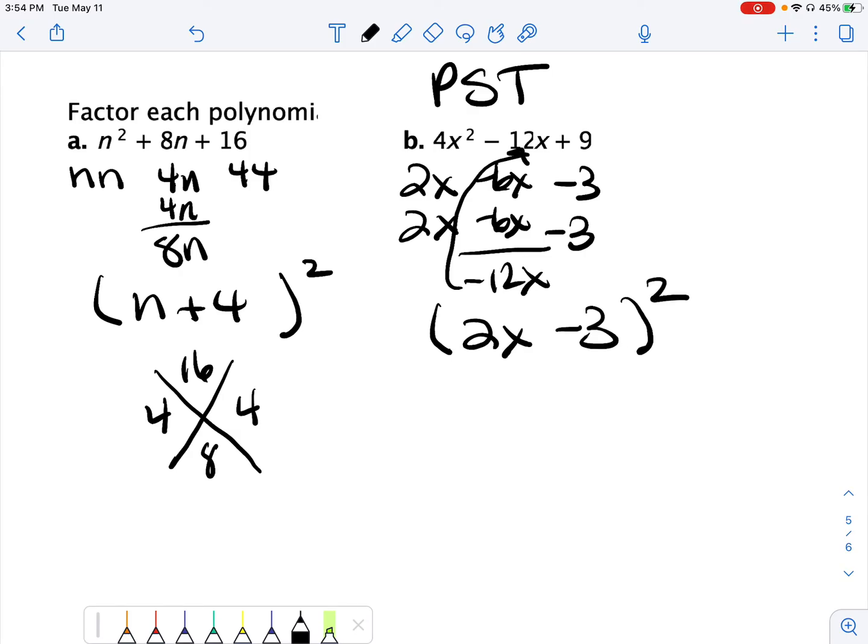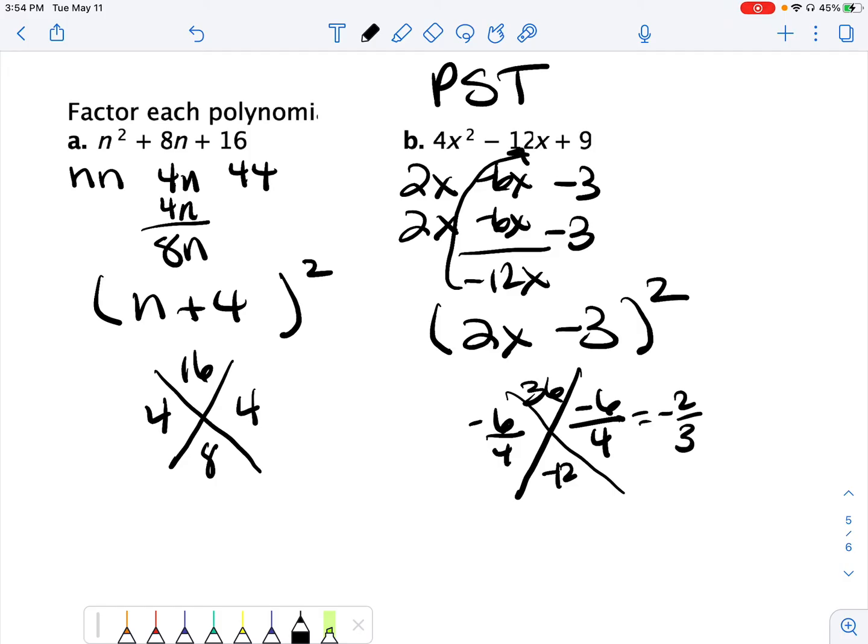Now, again, you can do it as the diamond method, like we've done, right? Multiply a and c to get 36, and then negative 12, and then you'd have to make sure you always divide it, right? So what two numbers multiply to 36 but add to negative 12? That would be negative 6 and negative 6. Then you would reduce it, negative 3/2, negative 3/2.